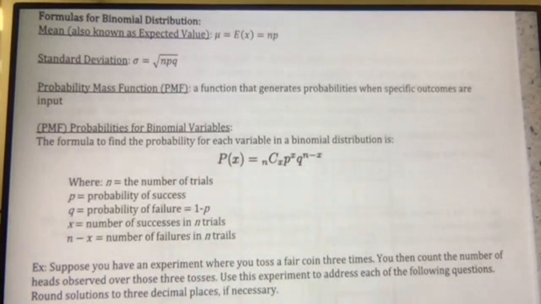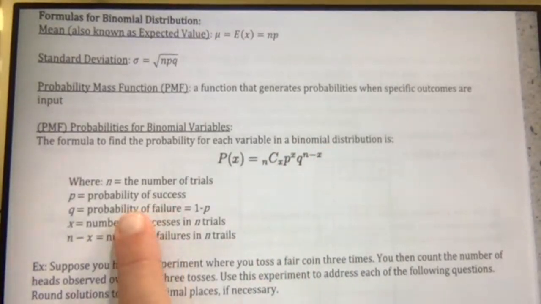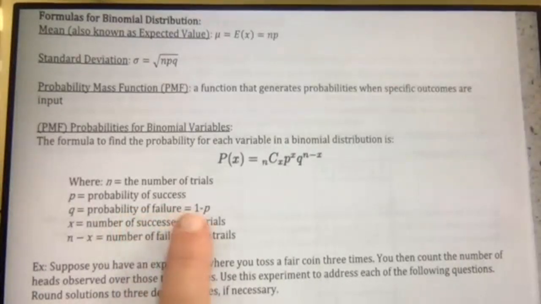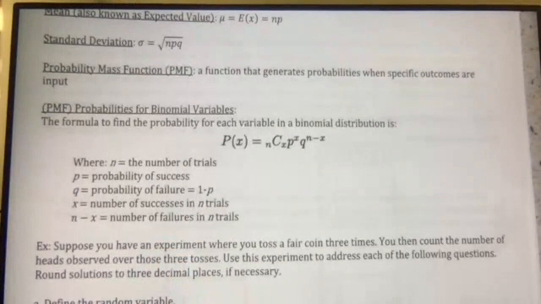Remember, n is the number of trials, p is the probability of success, and q is the probability of failure. Since you either succeed or fail, q is always 1 minus p. X is the number of successes, and the number of failures is whatever's left over, so n minus x. Let's do an example.